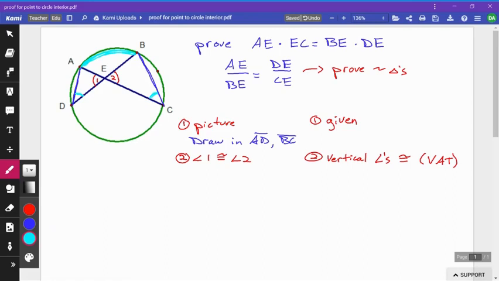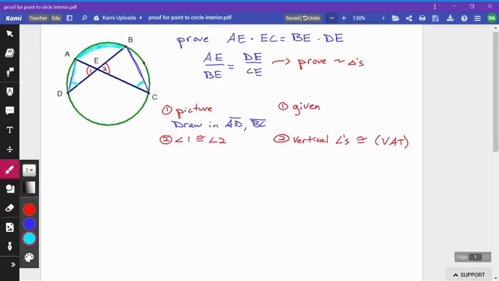And if you need to see in those, here is this angle right here, and you can see that it cuts the arc. Also, here is this angle right here, and you can see that it cuts the arc. So I know then that these two angles are going to be congruent.